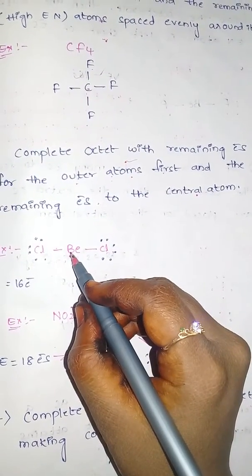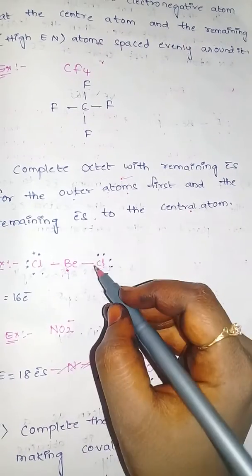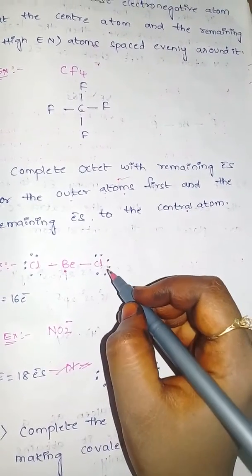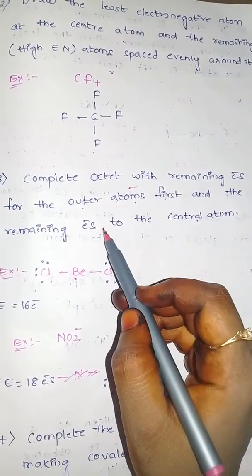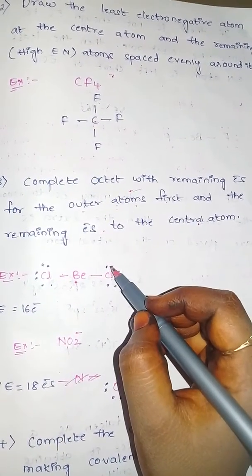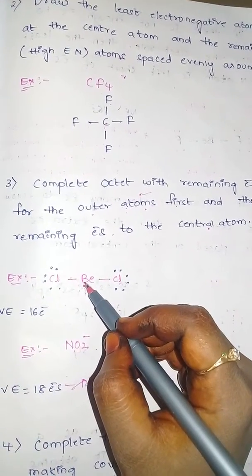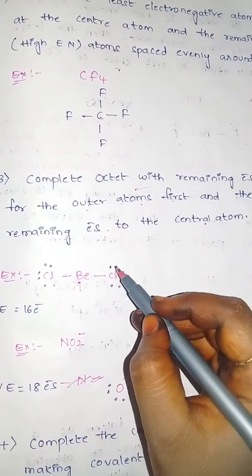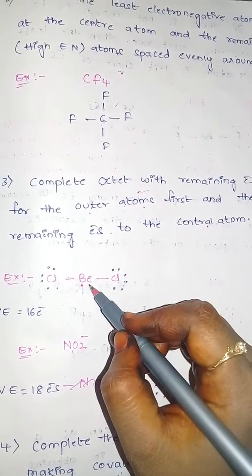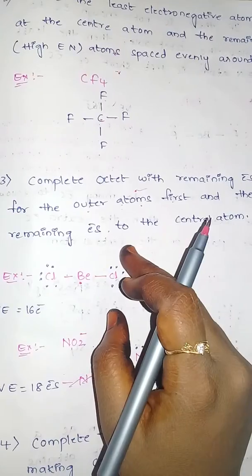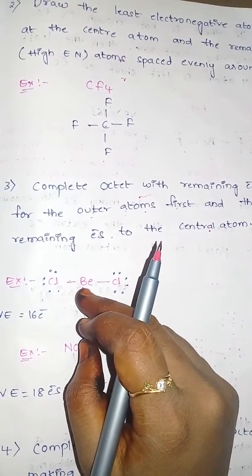Take Be as the center atom because it is less electronegative than chlorine, and first complete the octet for the outer atoms. That's why each chlorine first attains 8 electrons, and then beryllium.